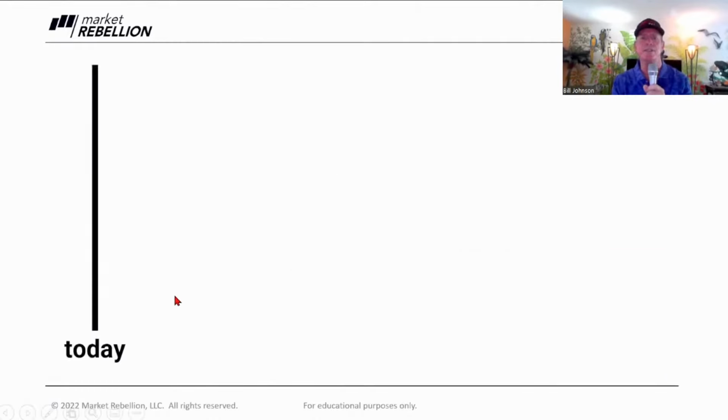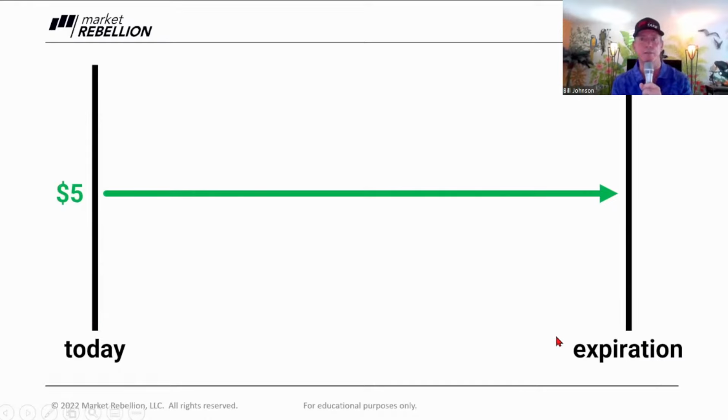So think about this. If this is today, and this is expiration, and we buy an option trading for 5, well, presumably the reason that we bought the option today is that we think something big is going to happen between today and expiration, whether it's to the upside or the downside. Well, think about that, and I want you to think very hard about this. We think something is going to happen between today and expiration.